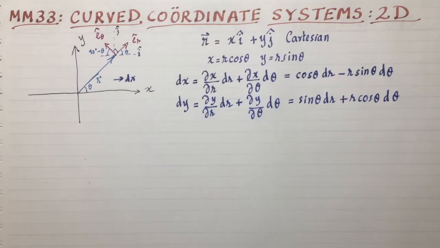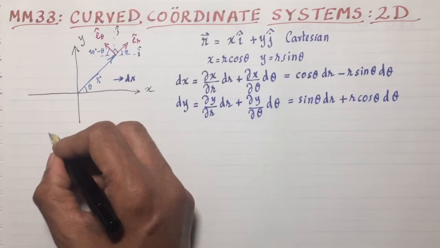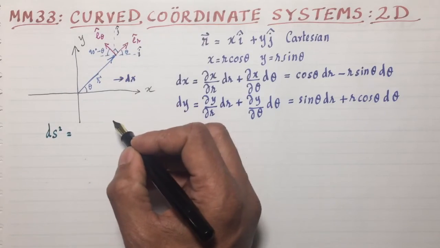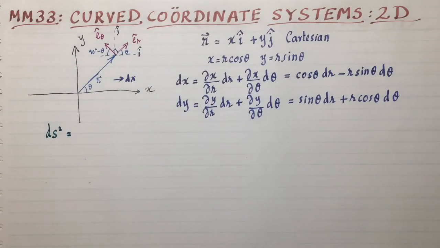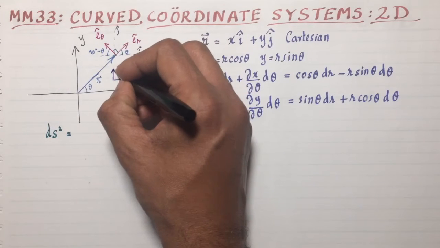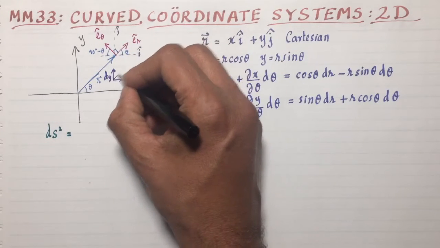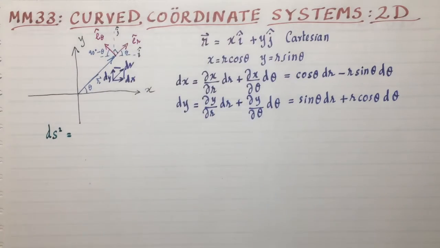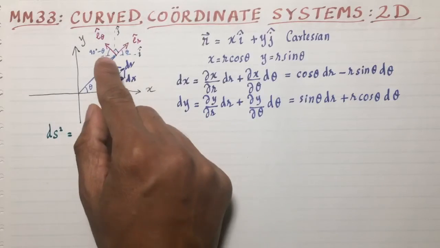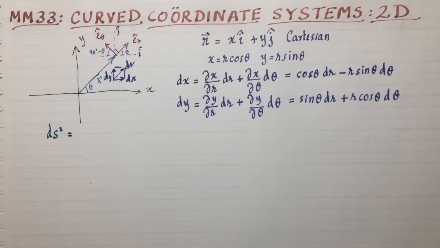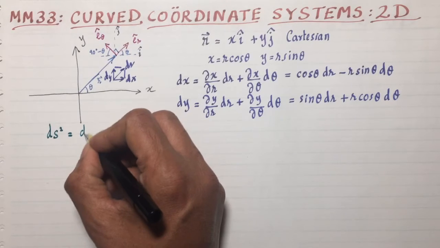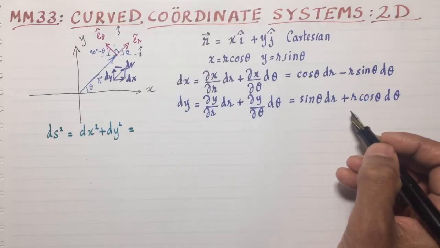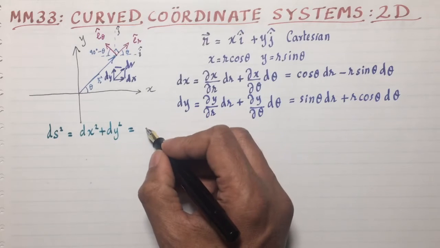The metric is defined by ds squared. So if I have ds squared, by the Pythagorean theorem, if that's dx and that's dy, then ds squared is going to be dx squared plus dy squared. It's the Pythagorean theorem applied to that little triangle. So what I can do is I can square that and I can square that. Let's see what I get.